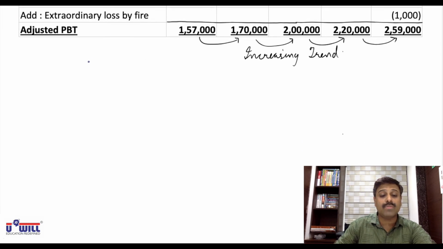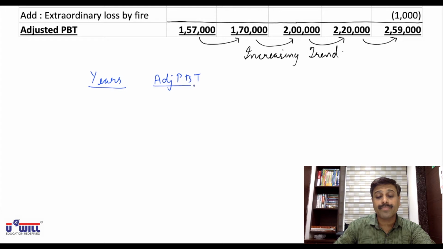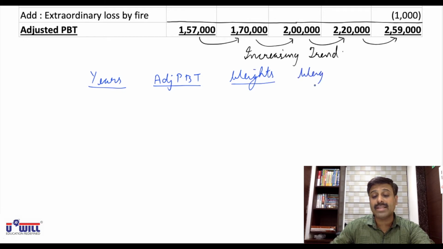So we'll make the columns of years, profits, adjusted profits before tax, weights, and weighted average profits, or weighted profits. All of you make these columns.